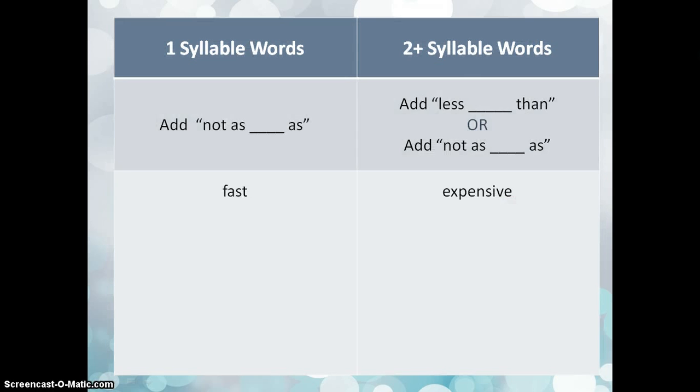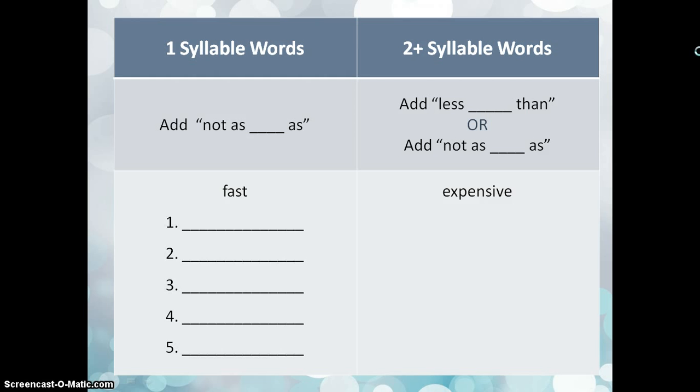Let's do some more practice. Here's our chart again. I've added the words fast and expensive. Now, I want you to come up with 5 more adjectives that have only one syllable. I'll give you a hint. We just used one in the last activity, the word large.